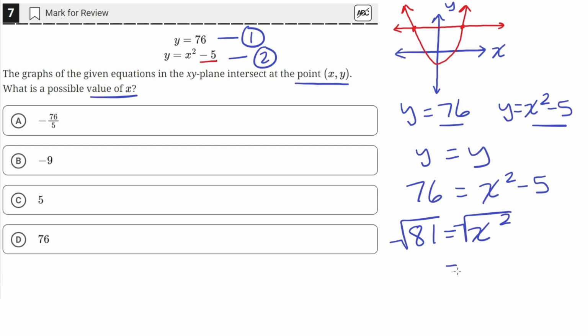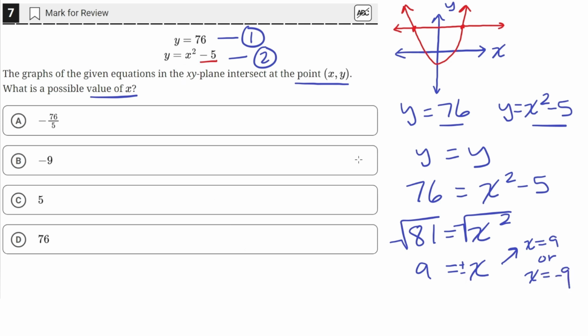So we'll just be left with x on the right side, and then on the left side, we'll be left with 9. And since we're taking the square root of something squared, this will be plus or minus. So that means that x is either equal to 9 or negative 9. So x is equal to 9 or x is equal to negative 9.